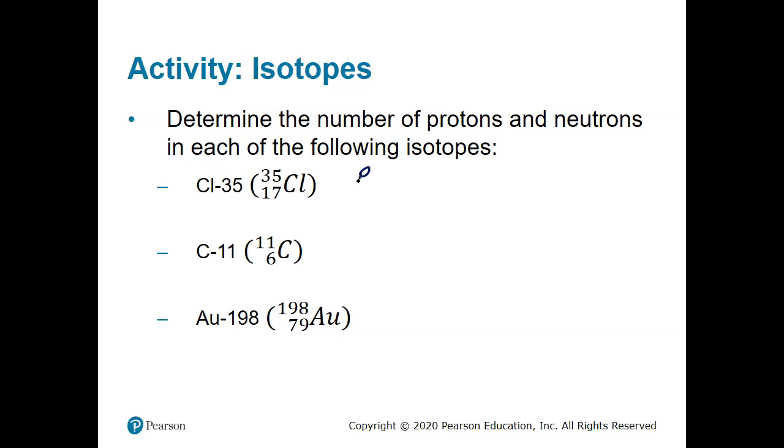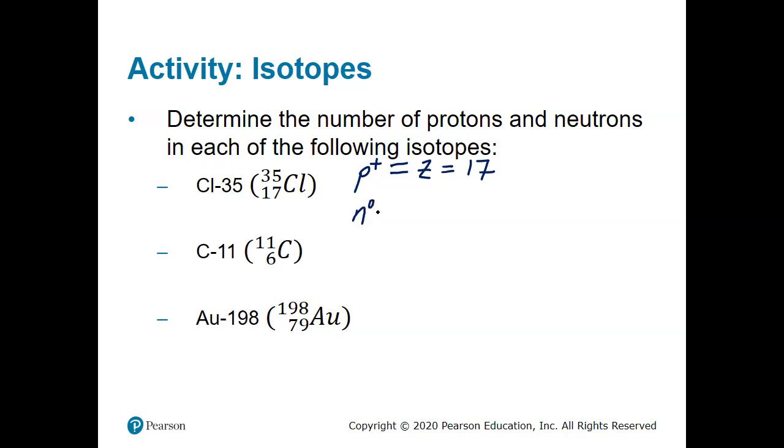Now for protons, which we can abbreviate as P+, we know that those are equal to the atomic number Z. Atomic number Z for chlorine is 17. So that one's pretty easy.